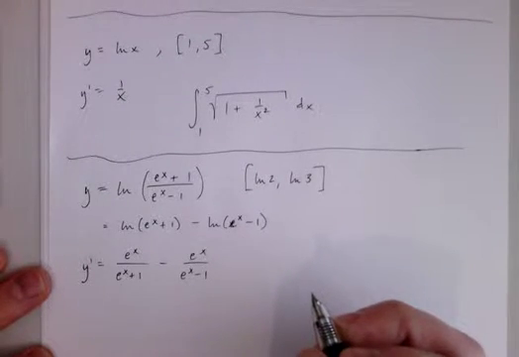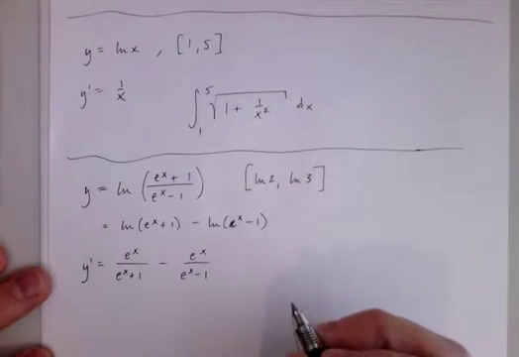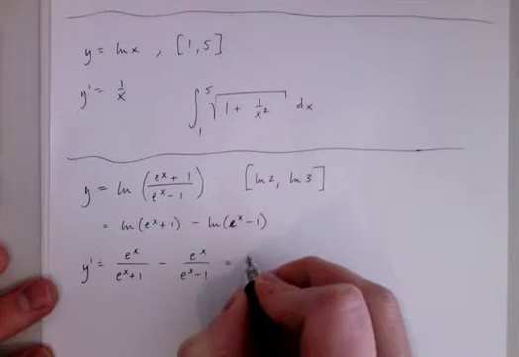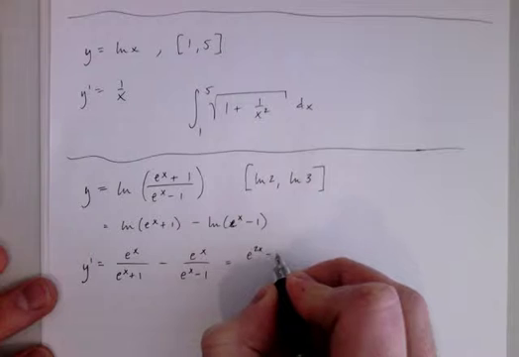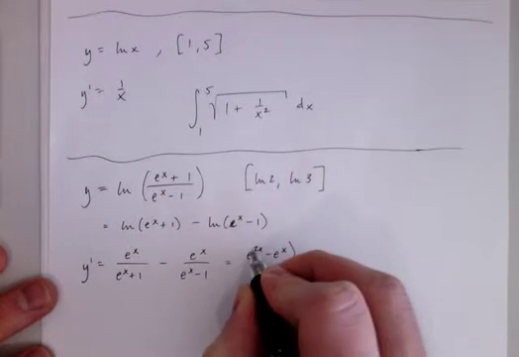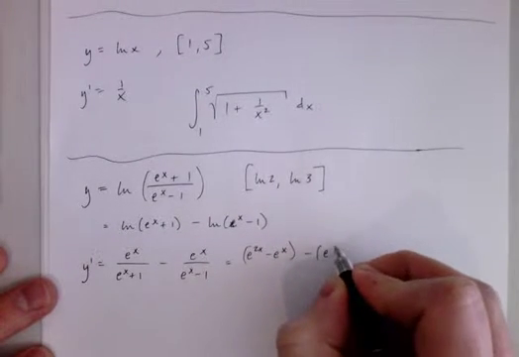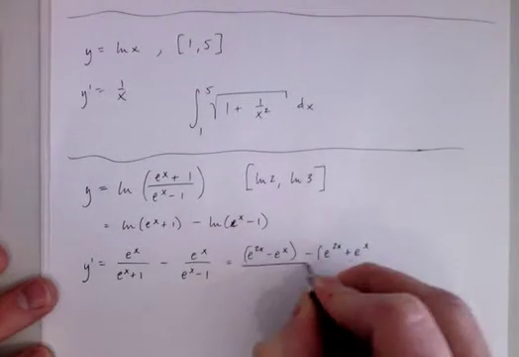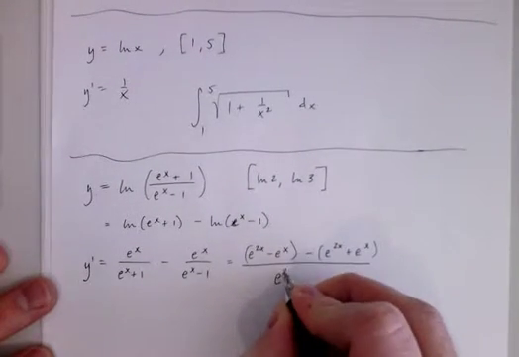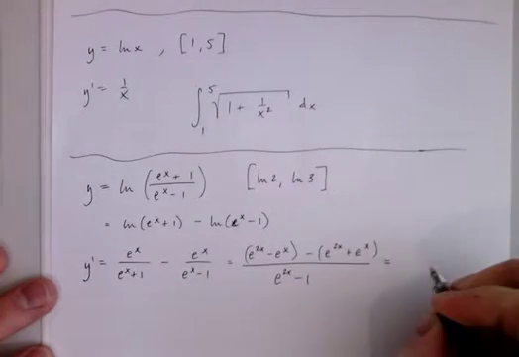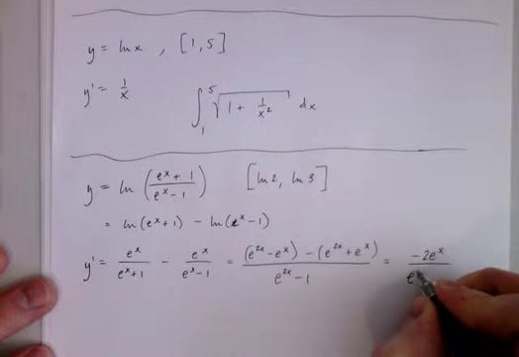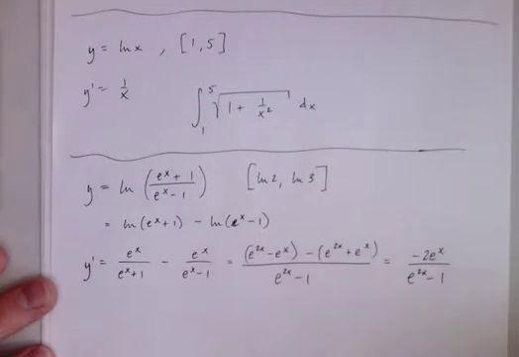Now, can you combine those? Oh, I'm sure you can. Let's deal with it in terms of a common denominator. And we wind up getting negative 2 e to the x over e to the 2x minus 1.